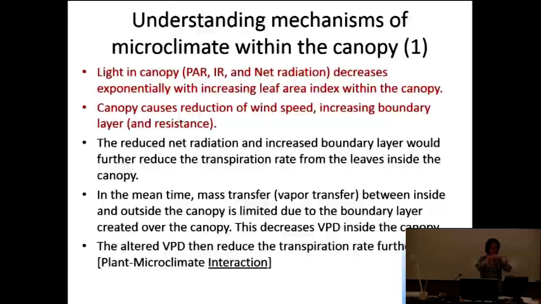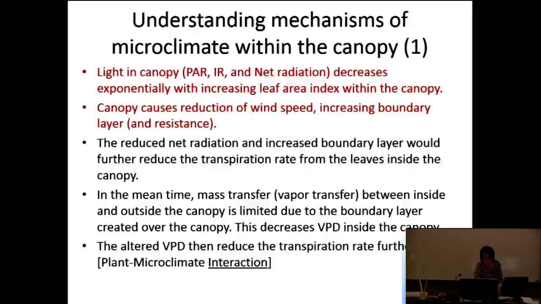So that means the driving force of transpiration is very small. Radiation is small, therefore transpiration rate is small. And because of the thick boundary layer, limited airflow around the leaf, the diffusion is also restricted. That's at the leaf level.